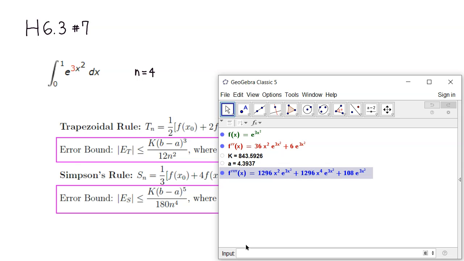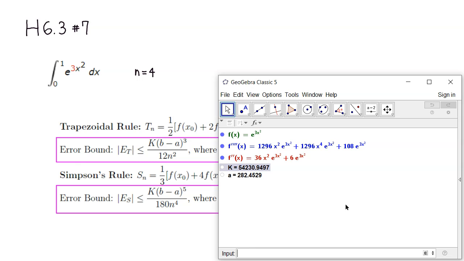So I'm going to redefine k to be the fourth derivative at 1 and hit enter. So that's the new k value. Then we can find the k times the formula: b minus a, which is 1 minus 0, raised to the fifth power.